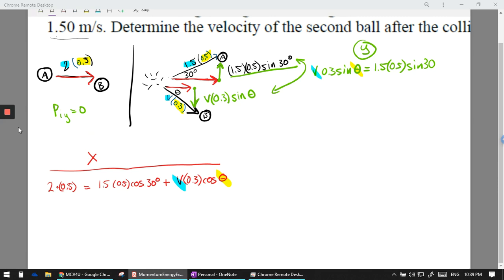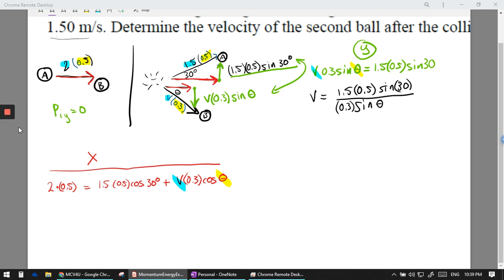So basically, I'm going to solve for v, and I'm going to say that v is 1.5 times 0.5 times the sine of 30, which is 0.5 as well, over the sine of theta times 0.3. 0.3, I forgot that 0.3 there.